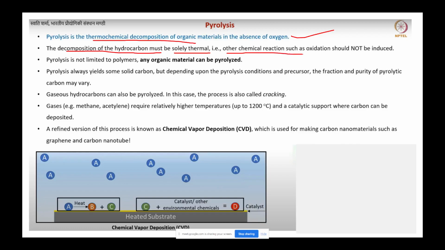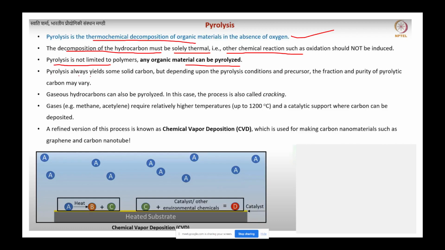Other chemical reactions such as oxidation should not be included when you do the decomposition. Pyrolysis is not limited to polymers. Any organic material can be pyrolyzed. So here you are applying just heat, so you do not need to restrict yourself to polymer material for the pyrolysis. It can be any organic material too.